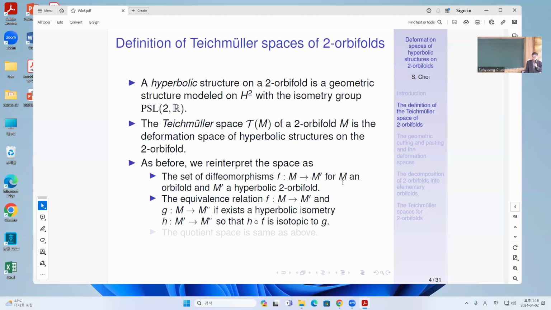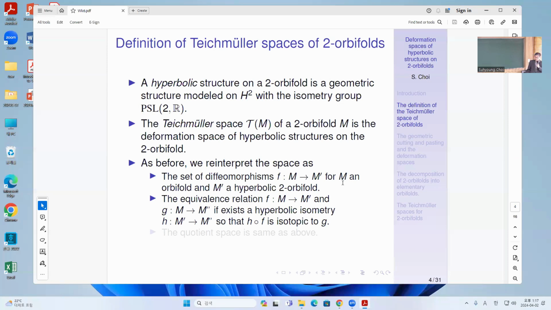So this f is more like a marking. So you can think of this as a marking, and it makes the space bigger. Okay, so if you just look at the Riemann moduli space, it's just the space of conformal structures, but you can modify by all the diffeomorphisms, not just the isotopies. Okay, so that's the difference.